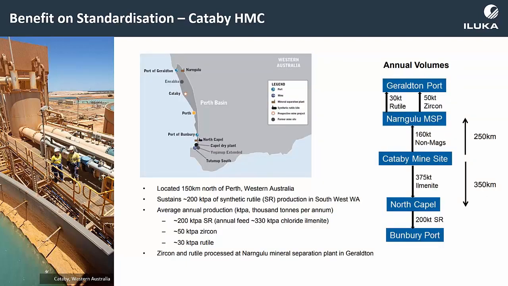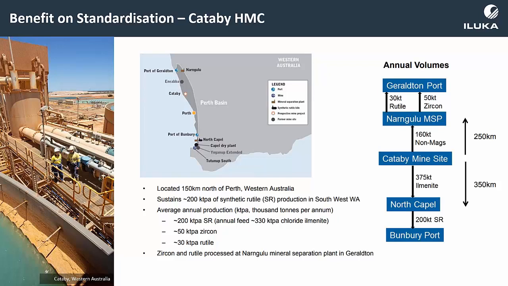This is I guess a benefit that we didn't actually foresee when we built our CCLAS system. So in 2018, we kicked off our Cataby mine just north of Perth. It produces a heavy mineral concentrate and then undergoes magnetic separation on site.